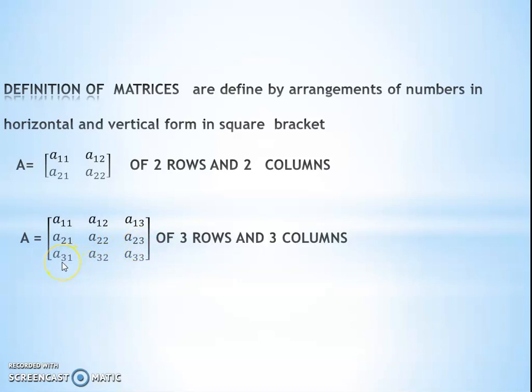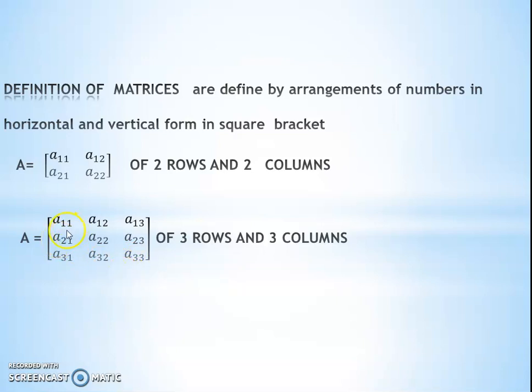Now, a31, third row, first column element. a32 is obviously the second column but third row. a33 is third row and third column element.